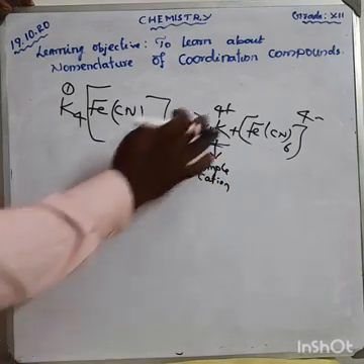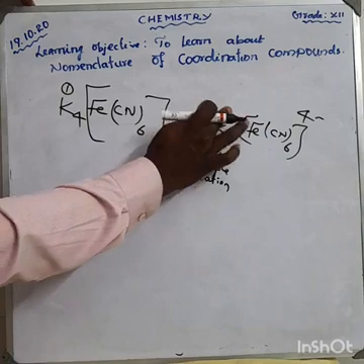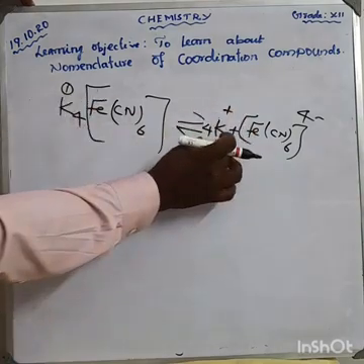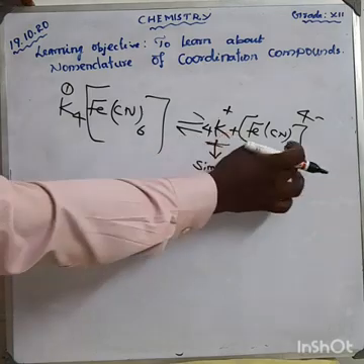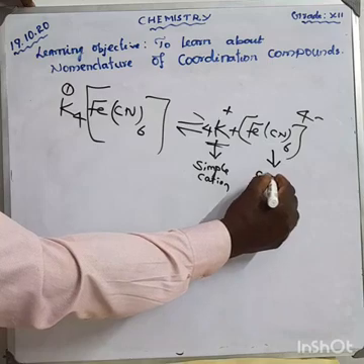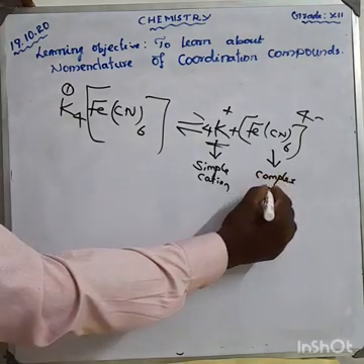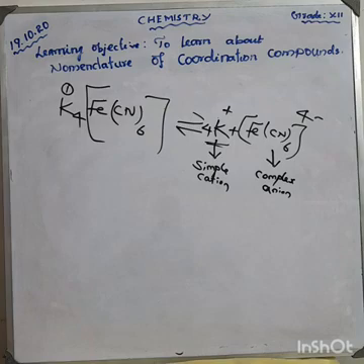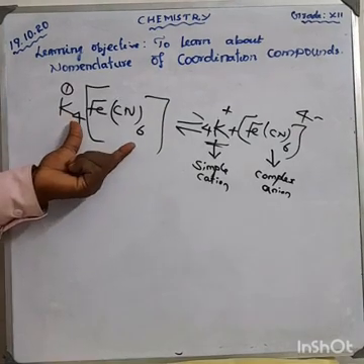Why is it a simple cation? Can you say why it is a simple cation? Because the potassium occurs as a single ion. The other is a complex anion. So this is one of the complexes.